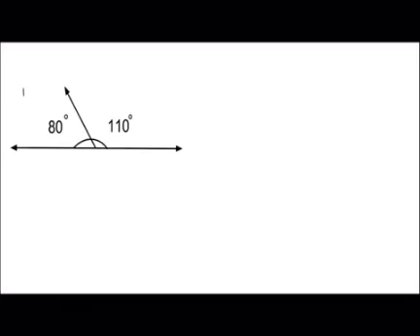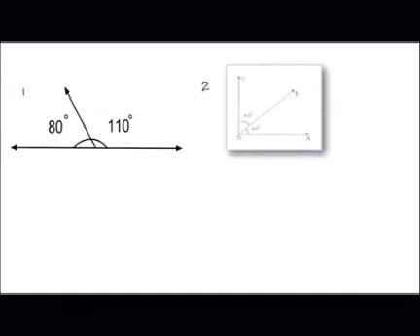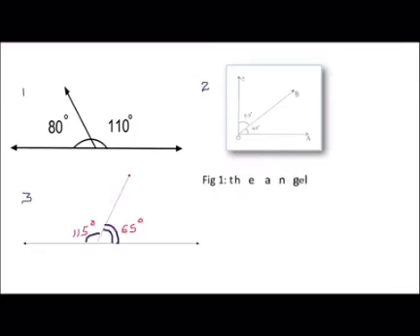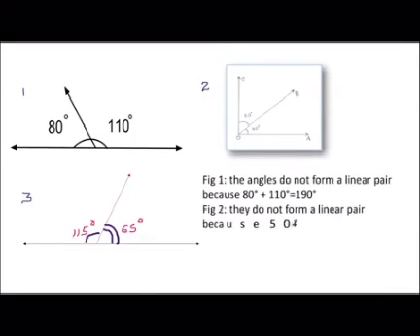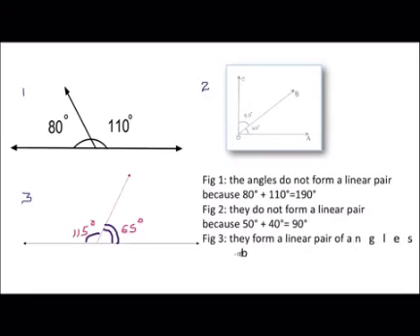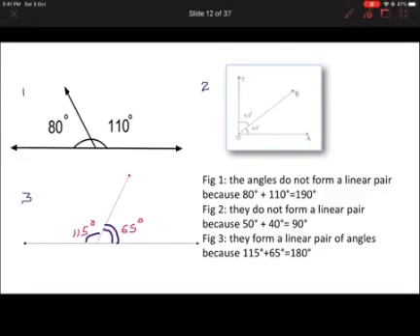Now, one more example. We have one activity here. Now let's see what the activity is. The angles in figure 1 do not form a linear pair because 80 plus 110 degrees is 190 degrees.